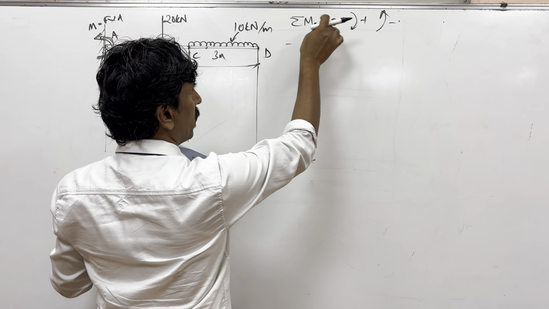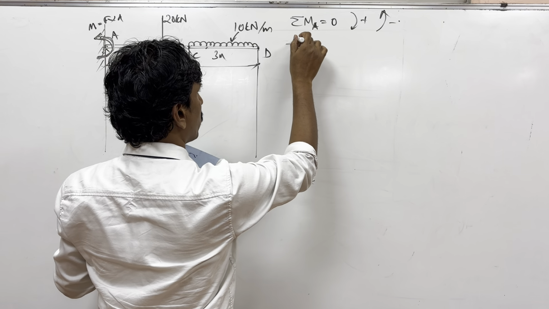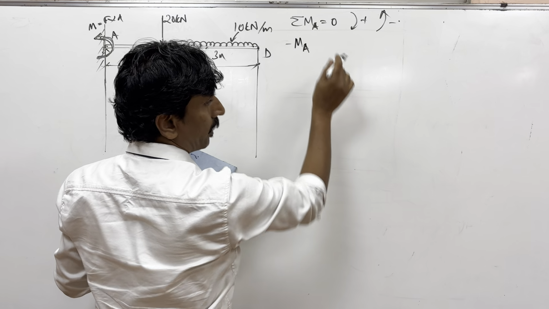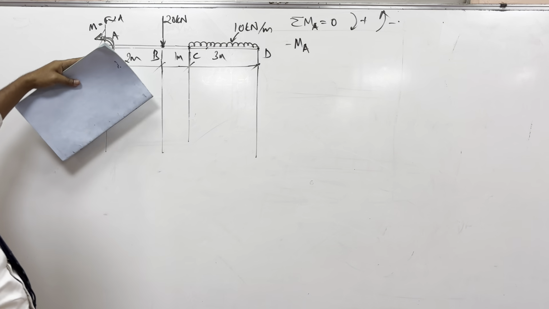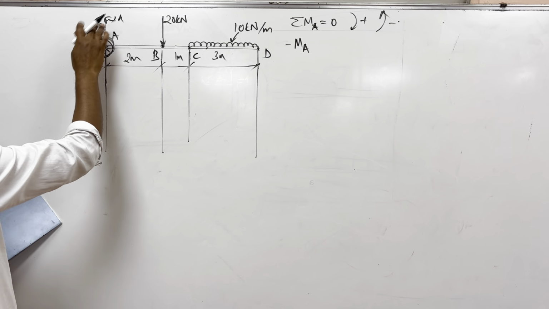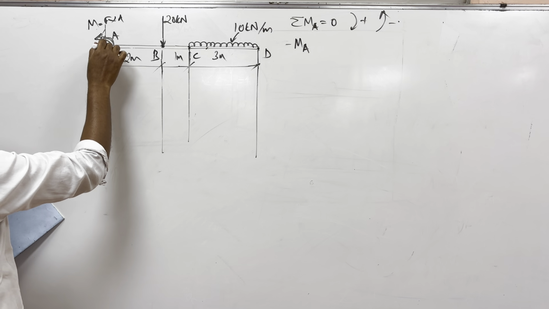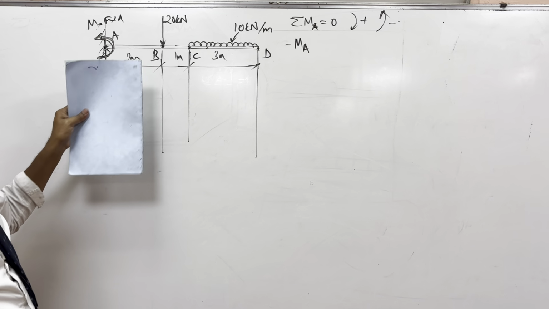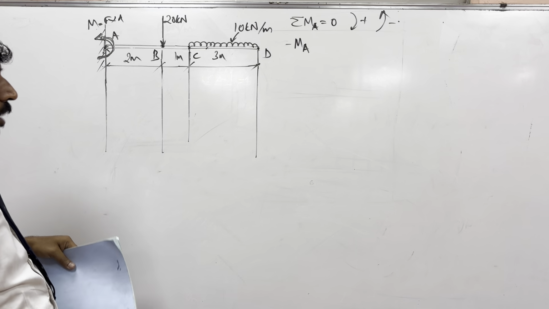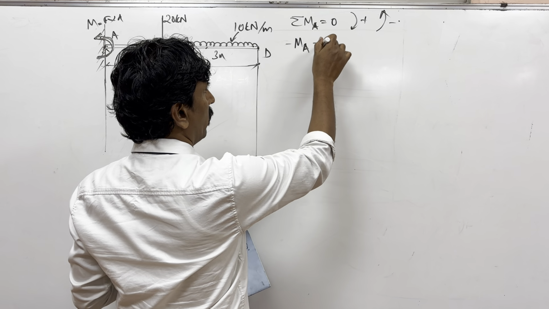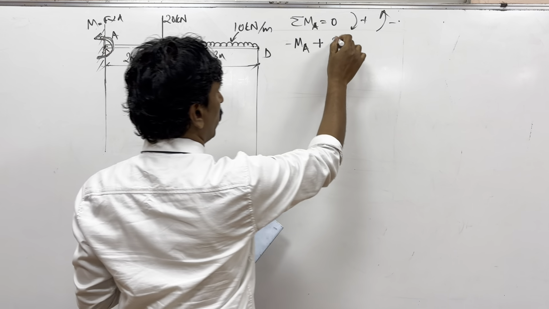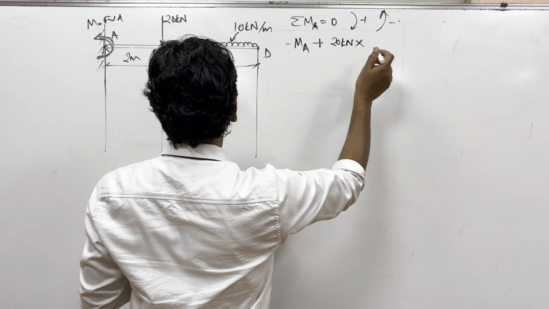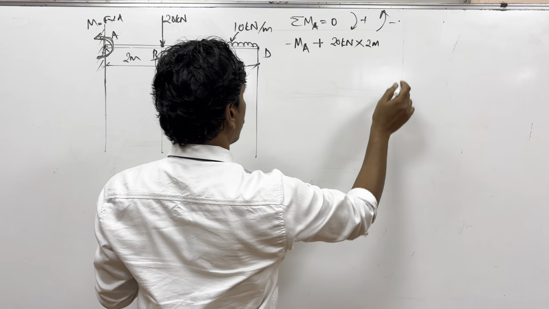So if I take the moment about A equal to 0, first the moment starts with minus MA. Minus MA is the moment about this point, minus because it is acting that way. And then you have this 20 kilonewton acting at what distance? 2 meter distance.